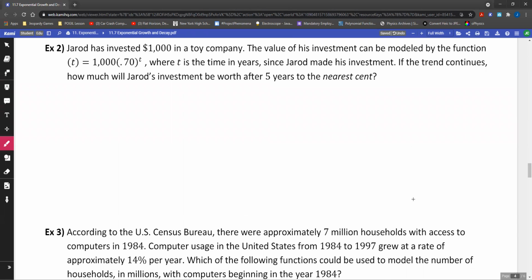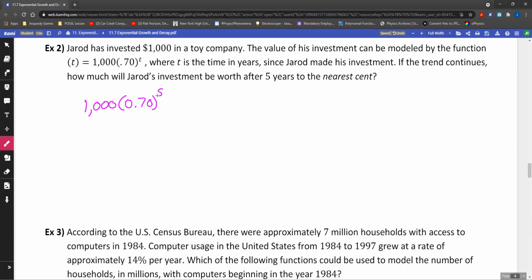Here, it's an investment question. So they give us this equation, and they want us to figure out how much he'll end up making after 5 years. So all we're going to do is plug in a 5 for T. Go to our calculator, do 1,000 times 0.7 to the 5th.